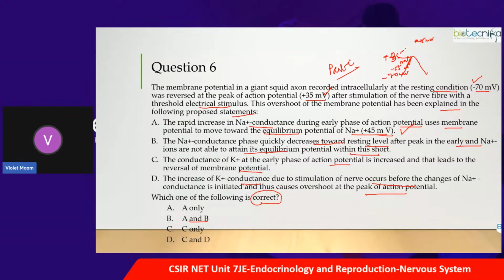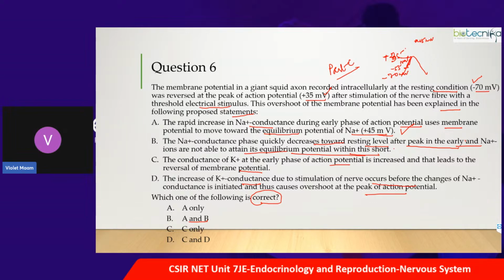B: the sodium conductance quickly decreases towards resting level after the peak in the early phase, and sodium ions are not able to attain their equilibrium potential within this short time. That is what I told you again. They have just continued the statement that sodium ions are not able to attain equilibrium potential, so option B is again correct.